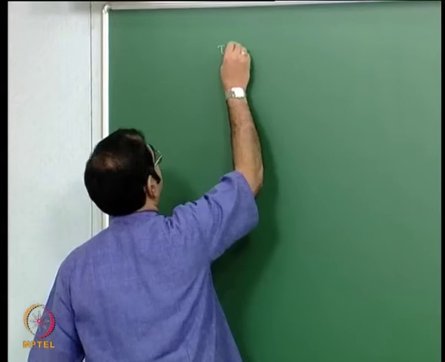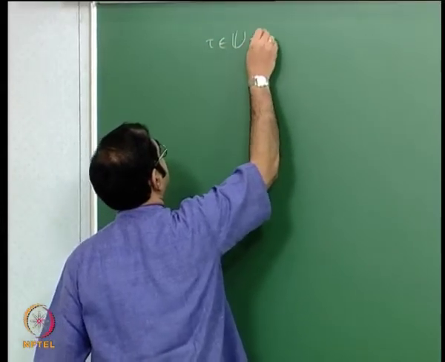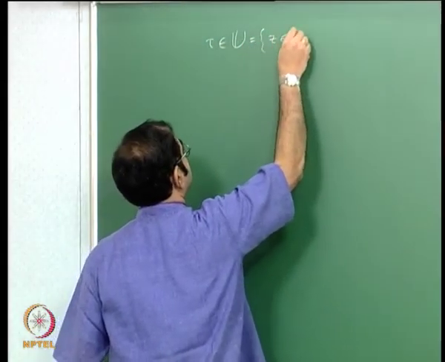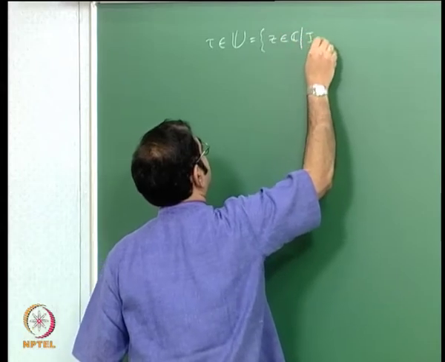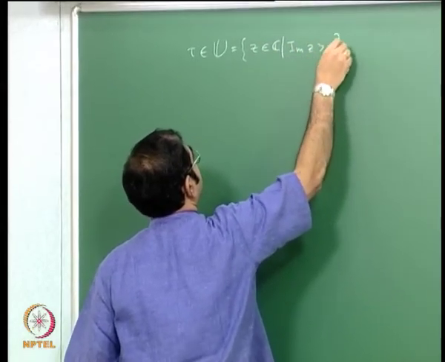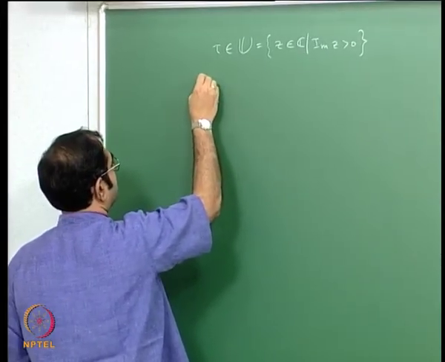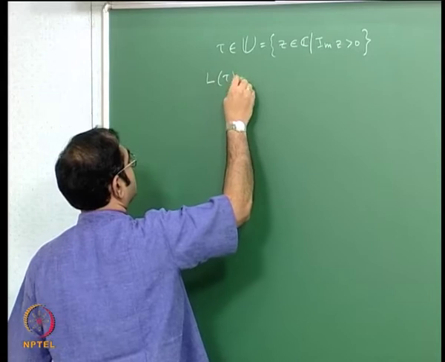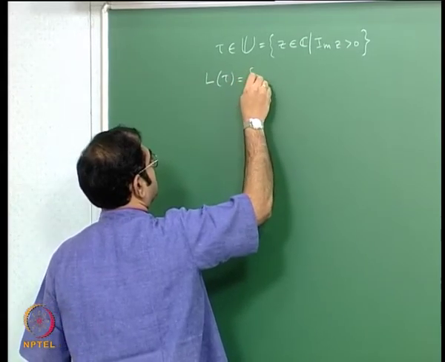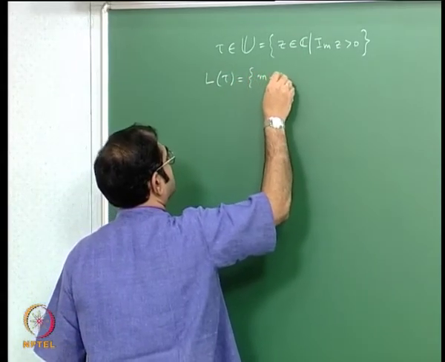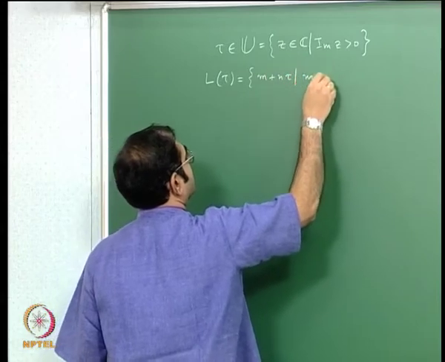tau in the upper half plane, the set of all complex numbers such that the imaginary part is greater than 0, and corresponding to tau we have the lattice L tau, which is the set of all m plus n tau, where m and n are integers.